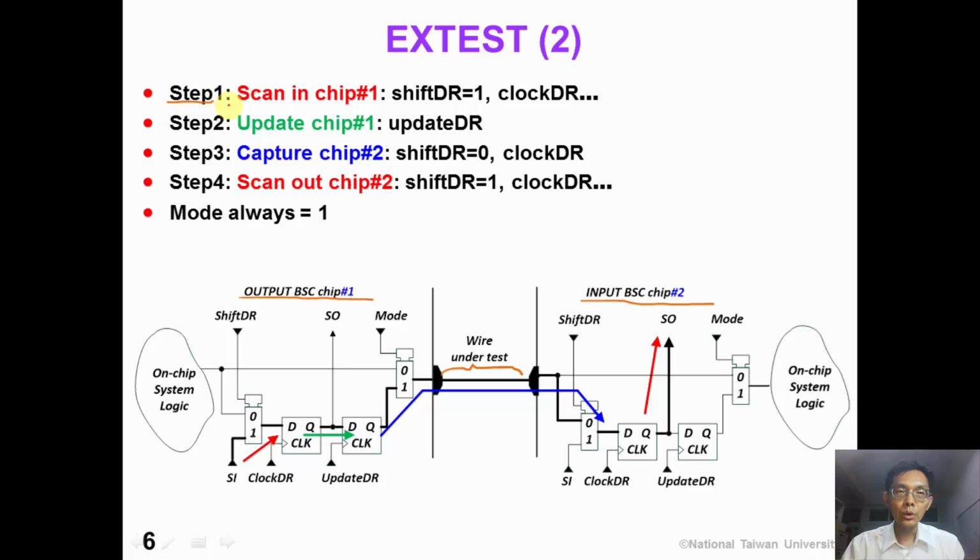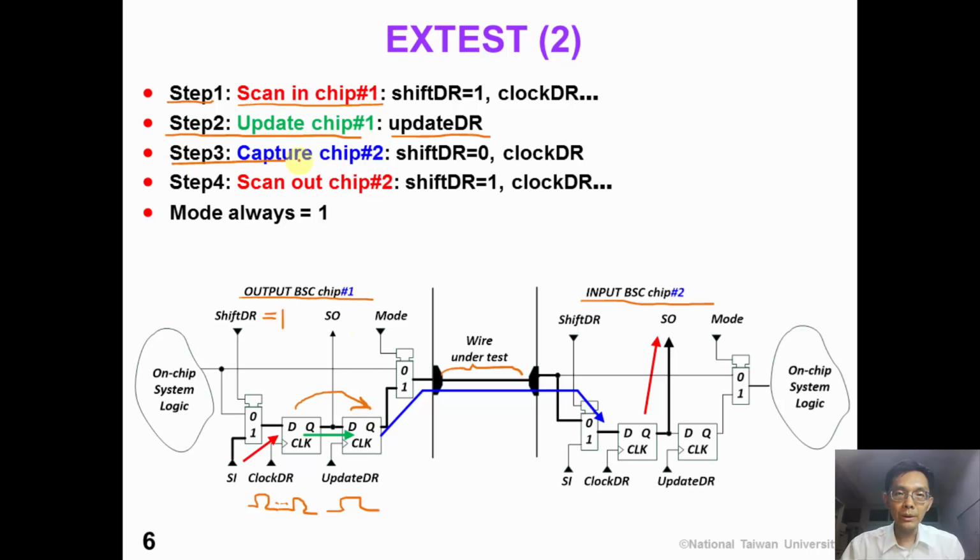In step 1, we first scan in the test data into chip number 1. To do so, we set the control signal shift DR to 1 and we apply a sequence of clock DR. In step number 2, we apply one single update DR clock. In this way, the test data is updated from the left flip-flop to the right flip-flop.